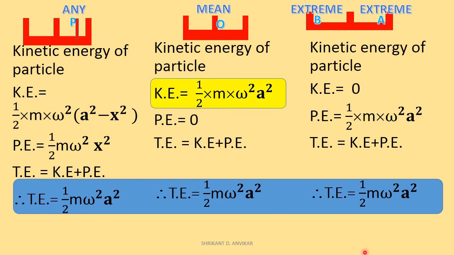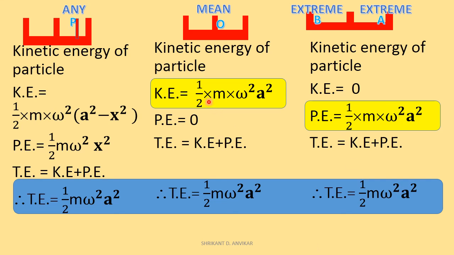Now when the particle is present at the mean position, it has kinetic energy. Now suppose the particle is going from the mean position to the extreme position, then kinetic energy is converted into potential energy. Kinetic energy goes on decreasing, potential energy goes on increasing, and at the extreme position the particle has only potential energy.